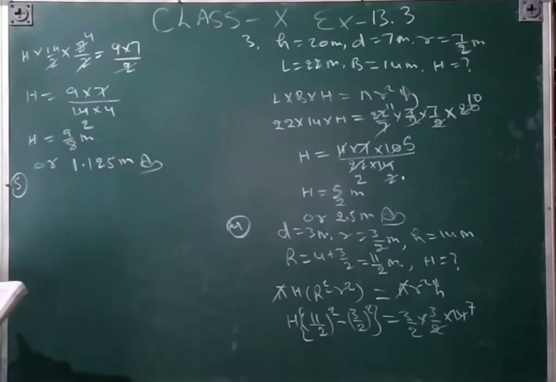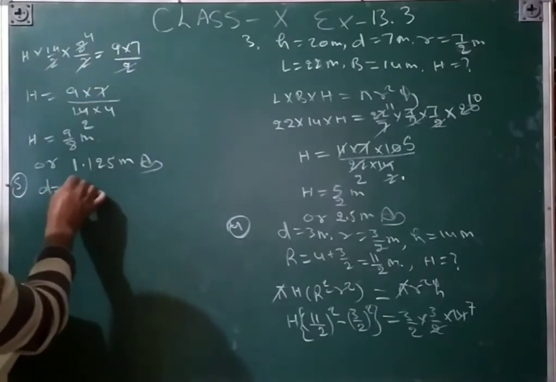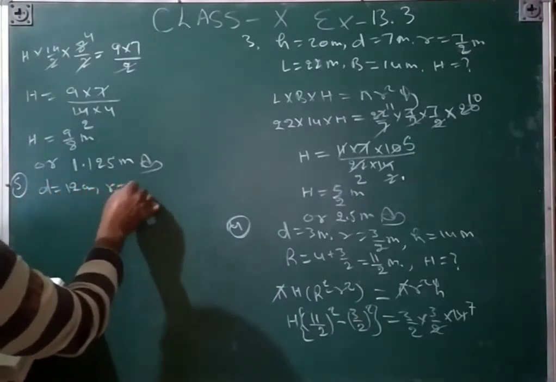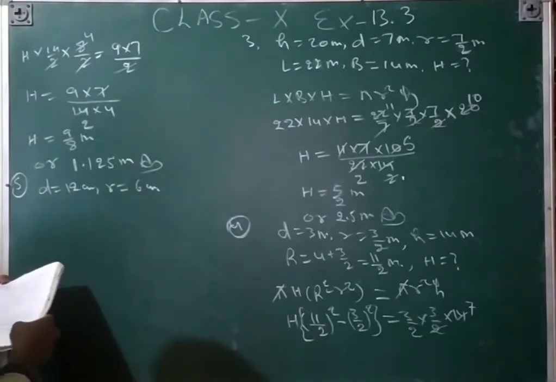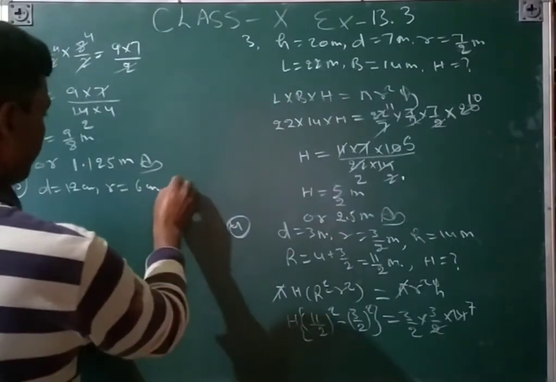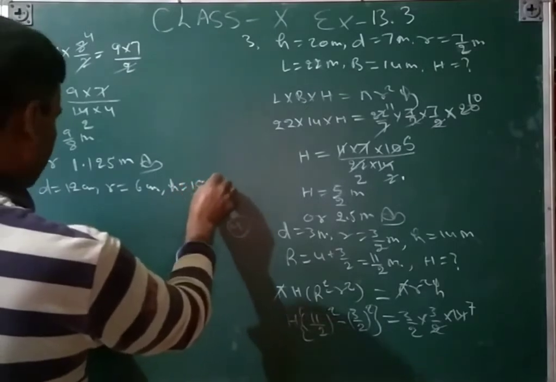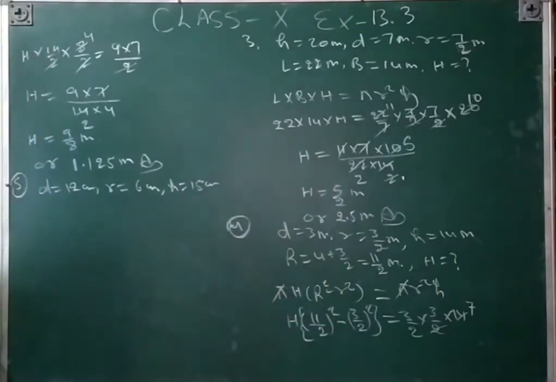A container shaped like a right circular cylinder has height 12 centimeter, diameter 12 centimeter. That diameter is equal to 12 centimeter, so r will be 6 centimeter. And then height is equal to 15 centimeter. It is full of ice cream.